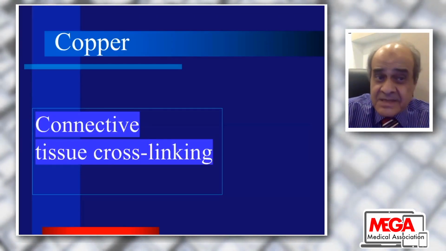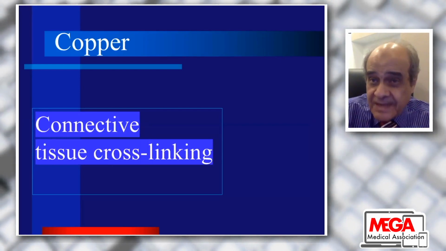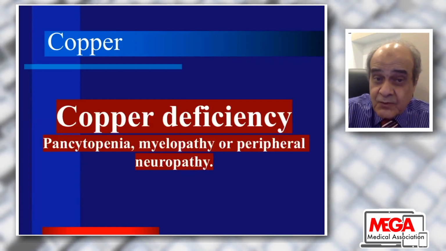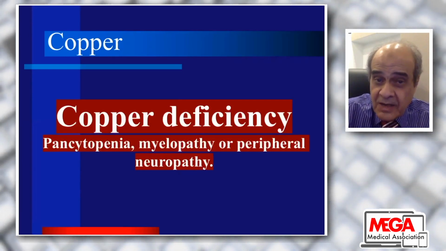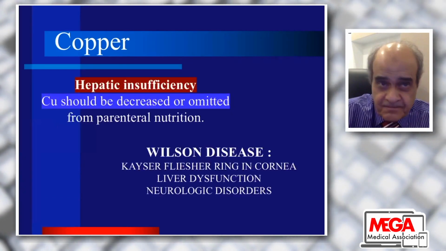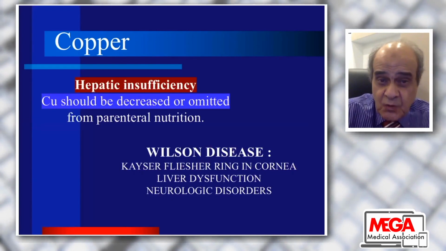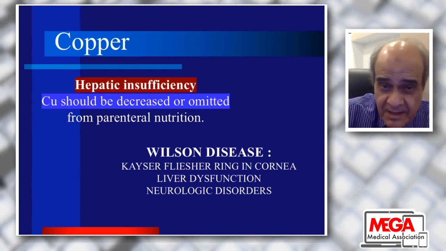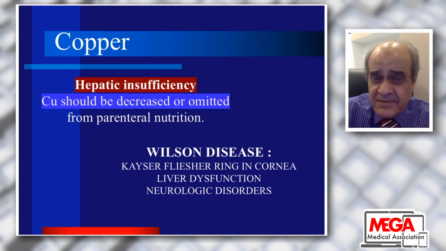Copper is very effective and important for connective tissue cross-linking. Copper deficiency leads to pancytopenia, myelopathy, or peripheral neuropathy. Copper may lead to hepatic insufficiency, so we have to decrease copper or even omit it totally if the patient is suffering from hepatic problems.